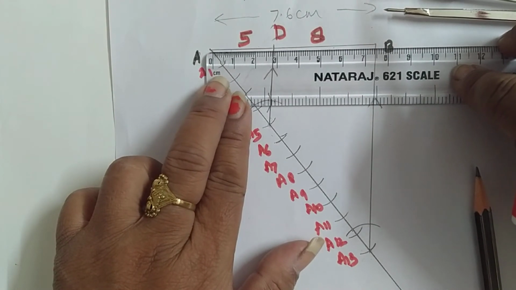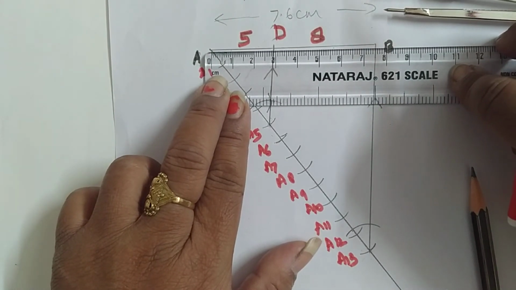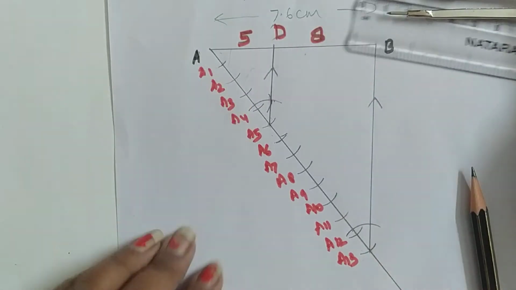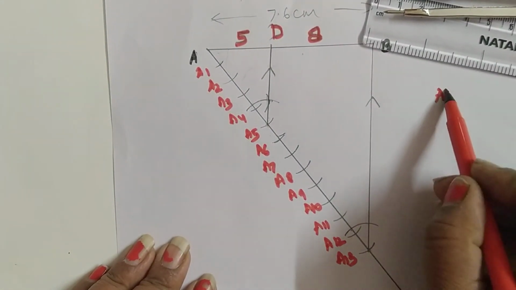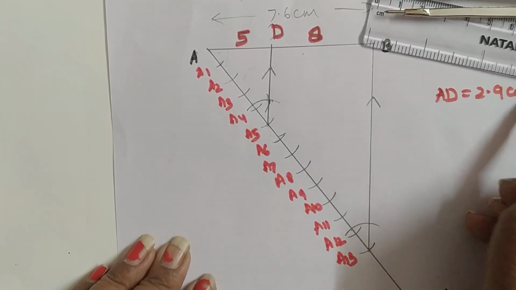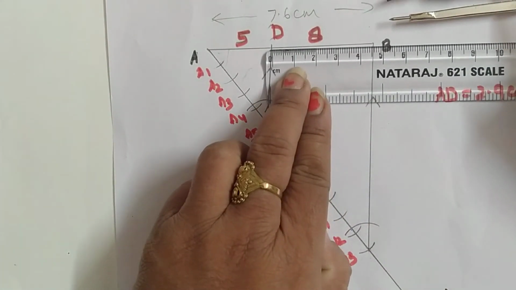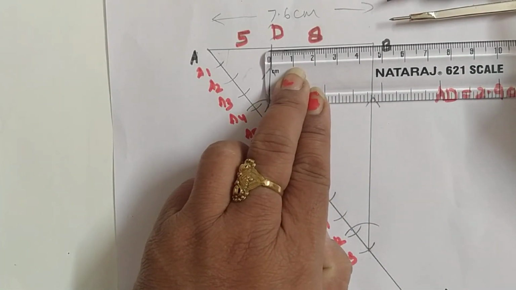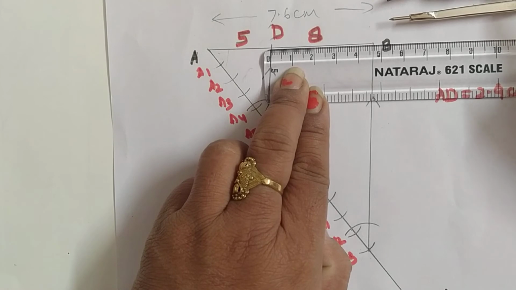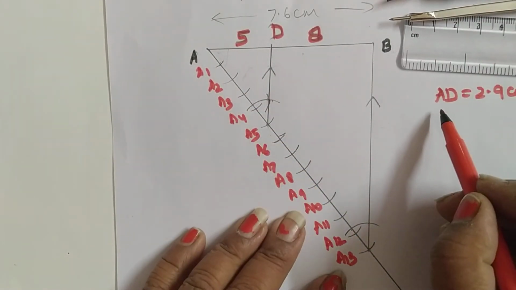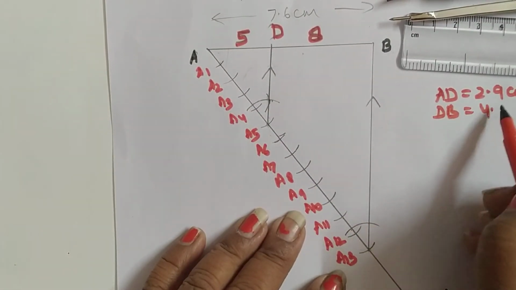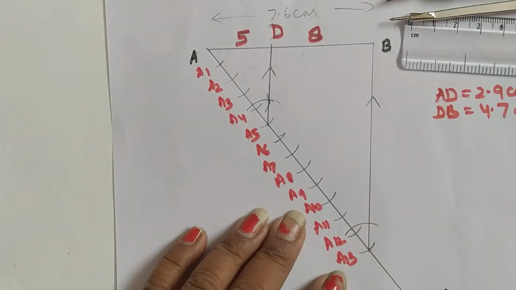So it is 2.9. Clearly it is 2.9. So AD is equal to 2.9 centimeter and DB is equal to 4.7 centimeter. Yes.